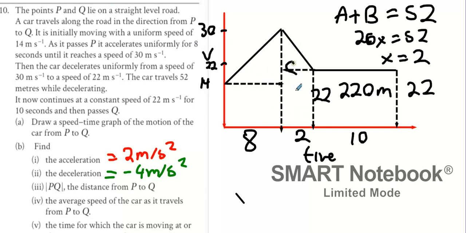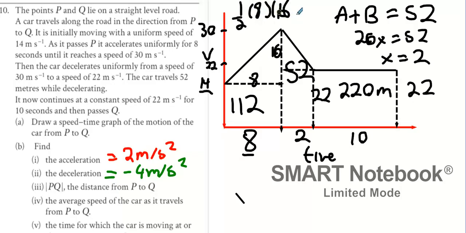So that's 52. Now, what's 8 times 14? 112. And then the height of this triangle is 16, isn't it? So it's going to be a half times 8 times 16, which is 64. Okay. And then once you add them all together, what did you get? 448.